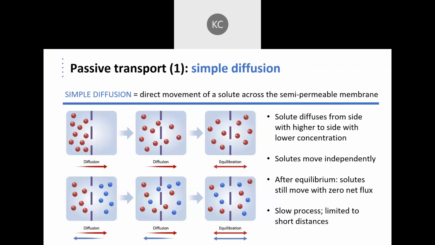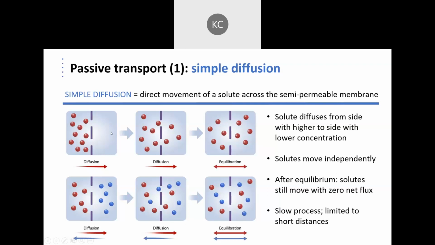All right. So if we look at this top row, we can see that this dotted blue line is representing our selectively permeable or semi-permeable membrane. Remember, I like the term selectively permeable a little bit more. So in this case, we're highly concentrated on the left side of the membrane, and we have none on the other side.